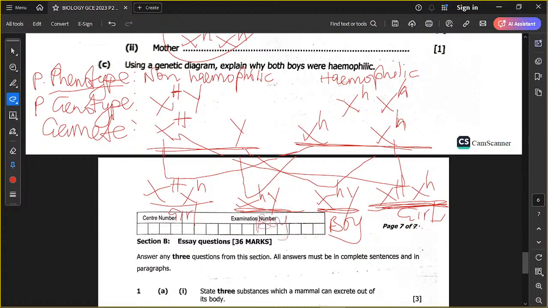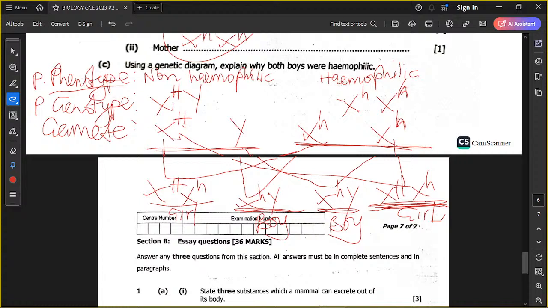This one is also a boy. The reason why they are hemophilic, we can say both children got the hemophilic gene from their mother. They inherited hemophilic genes from their mother.